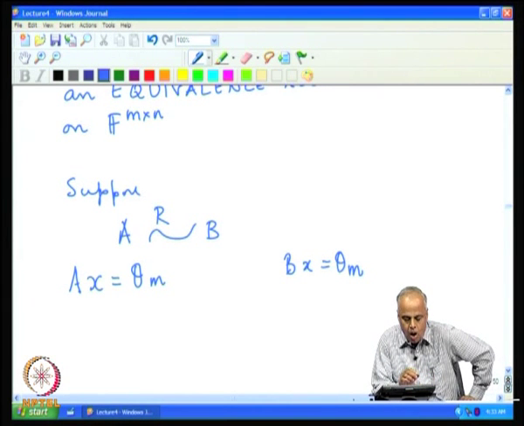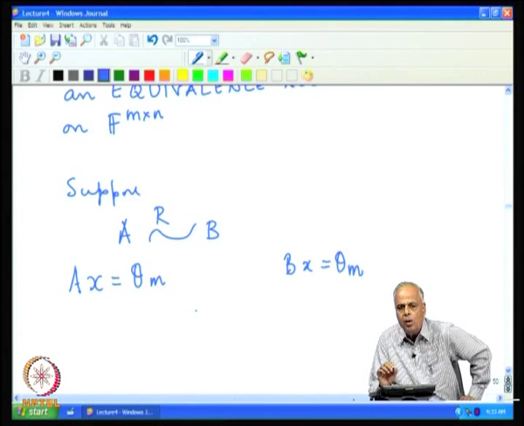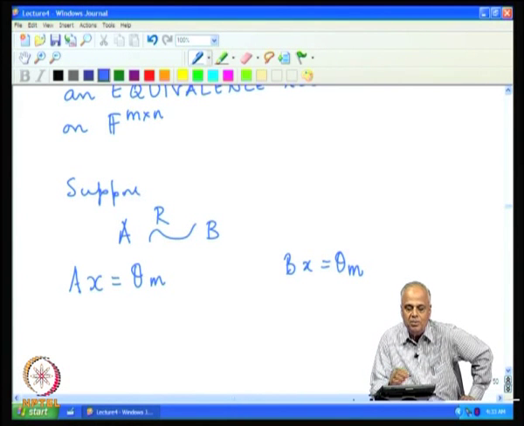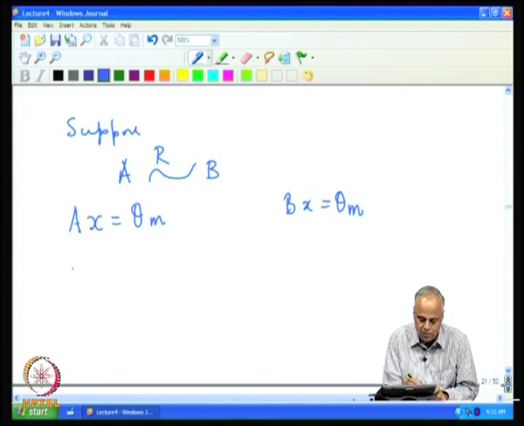Now, how do I go from A to B? I go from A to B step by step by elementary row operations, and we have observed that the elementary row operations do not alter the set of solutions of the homogeneous system, and therefore, at each step the system possesses the same solutions, and therefore, at the end the homogeneous systems corresponding to A and B will possess the same solutions.